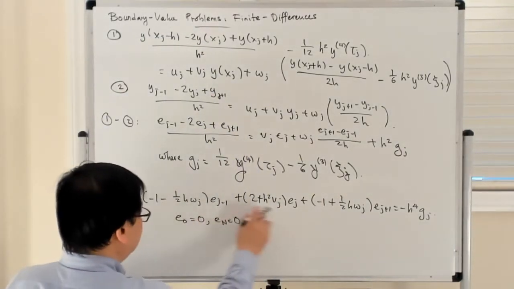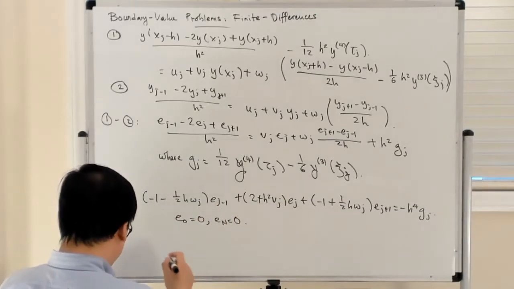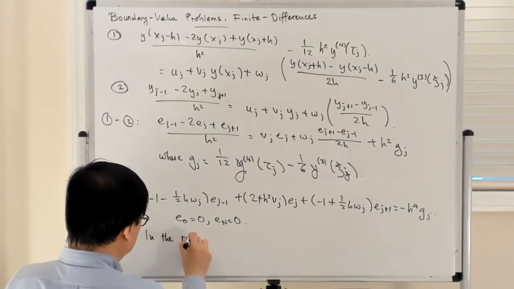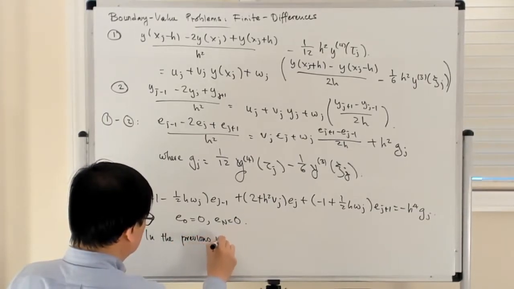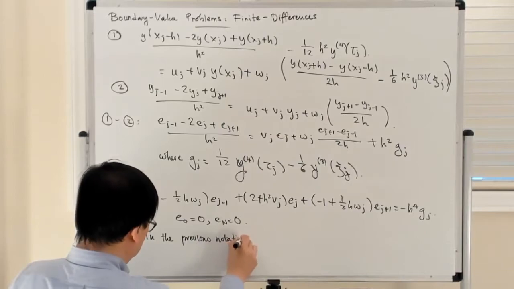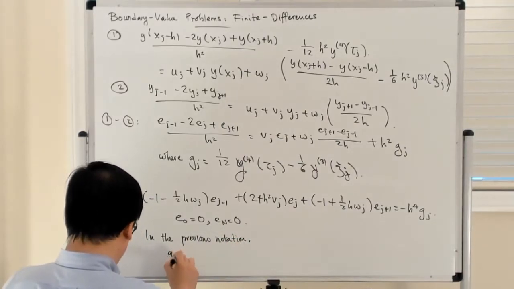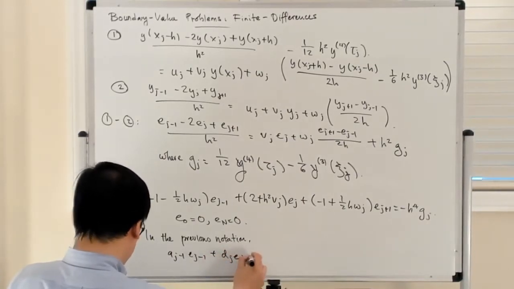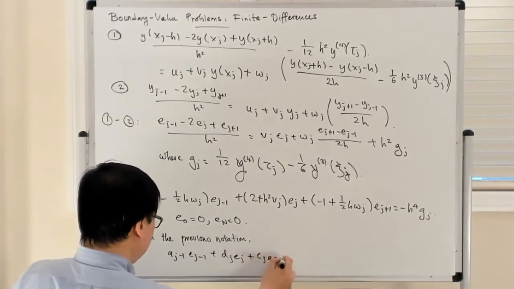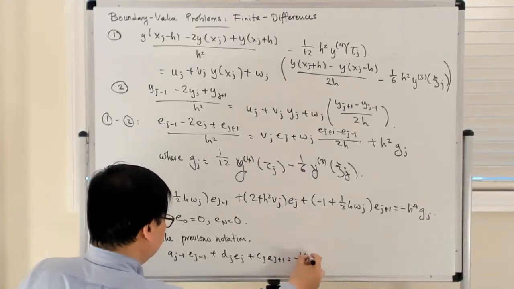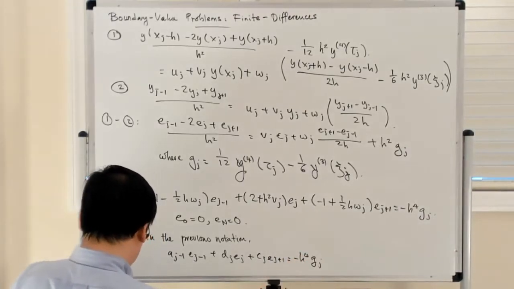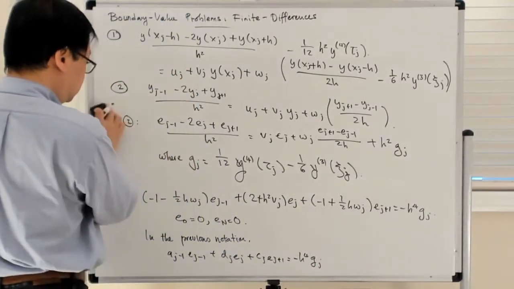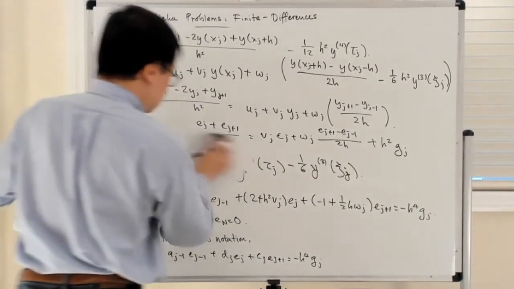So you can rewrite these again in terms of the notation we had before, right? In the previous notation, what you have is a_{j-1} e_{j-1} plus d_j e_j plus c_j e_{j+1} is equal to minus h to the 4 g_j. Okay.